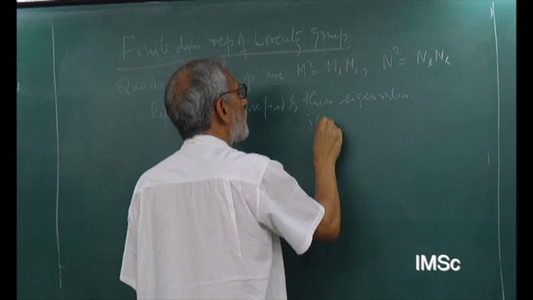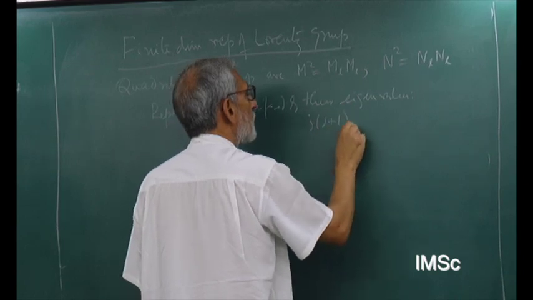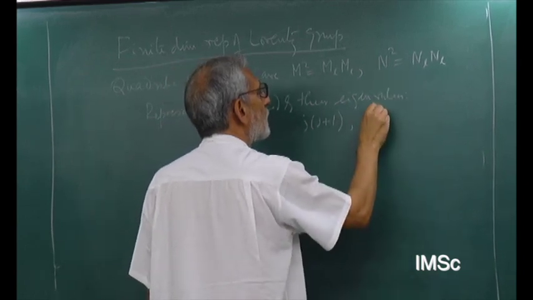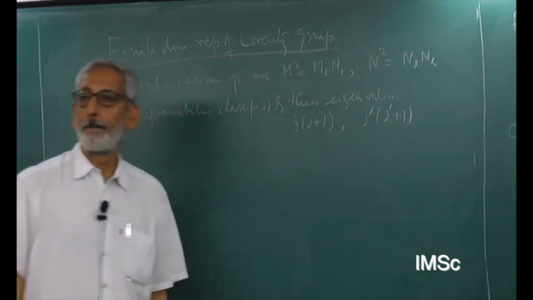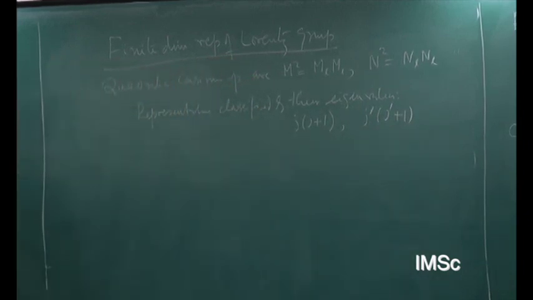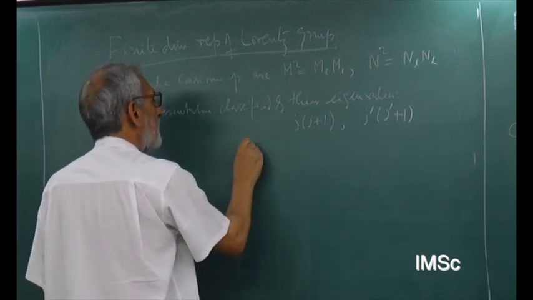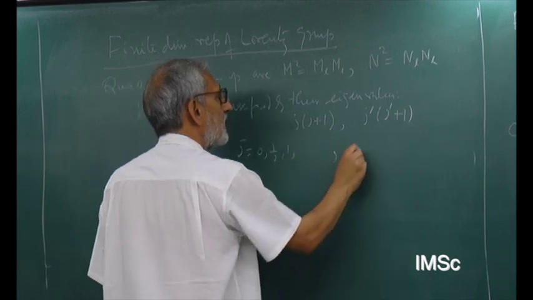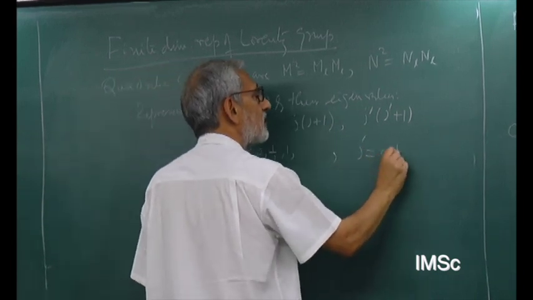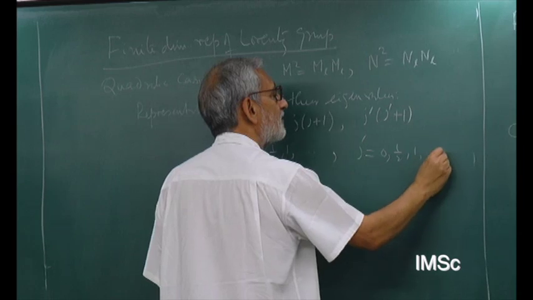Let's call the eigenvalues of M squared to be j into j plus 1 and N squared to be j prime into j prime plus 1. Because they are two SU2 algebras, the eigenvalues will be where j is 0, half, 1, and j prime also takes values in the same set.